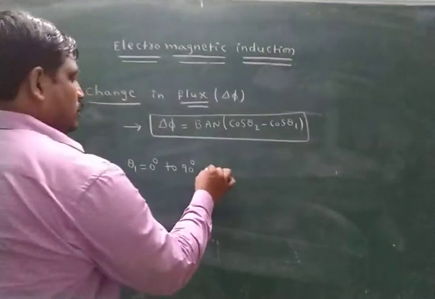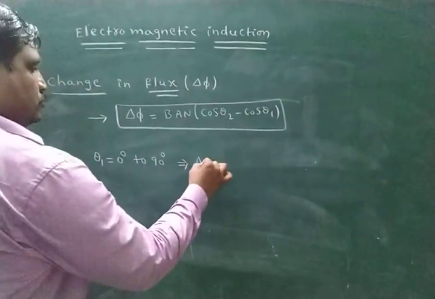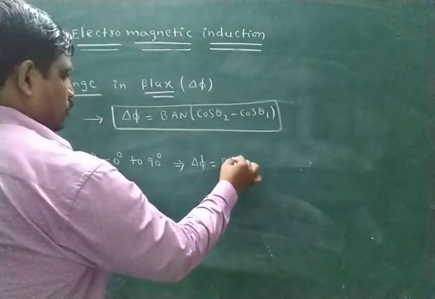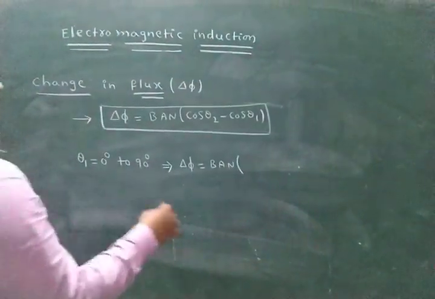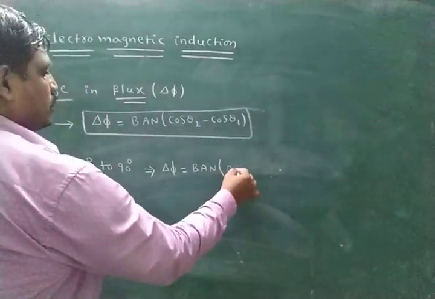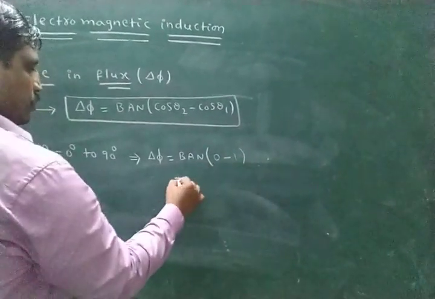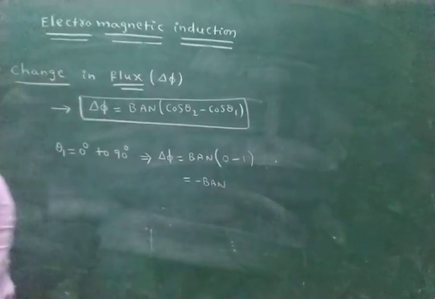In this situation, the change in flux is B A N. What is the final angle? 90. Cos 90 is 0. Cos 0 is 1. Simply, the change in flux is BAN.